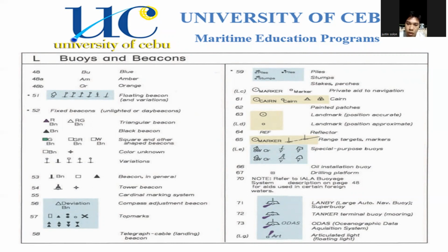For example, in buoys and beacons: floating beacon, variation triangle, deviation beacon, compass adjustment beacon, and top marks showing whether you are on the north, south, east, or west. Next slide, please.